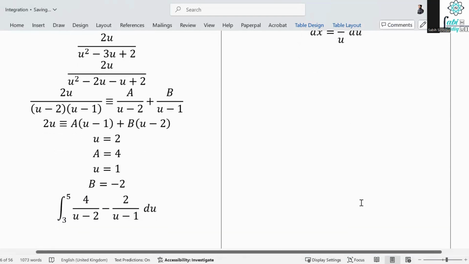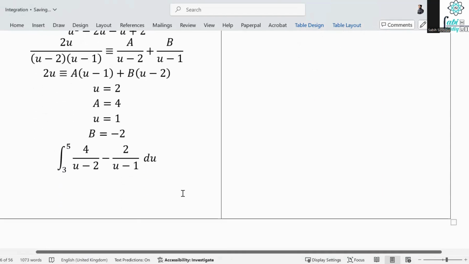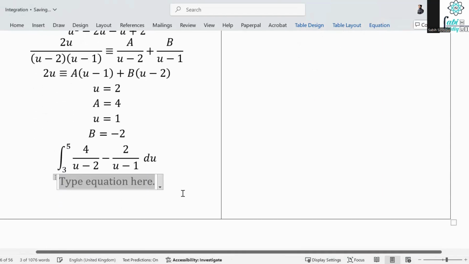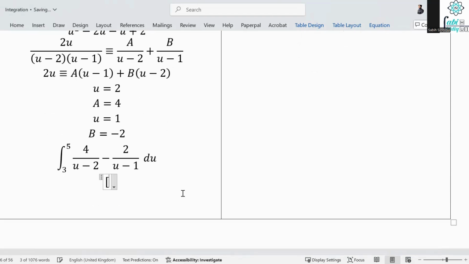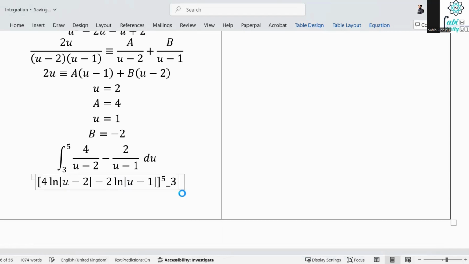What is the integral of 4 upon u minus 2? Taking 4 common, 4 ln u minus 2. And then for this one, minus 2 ln u minus 1. Upper limit is 5, lower limit is 3.